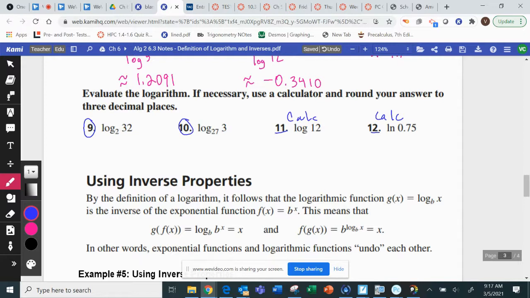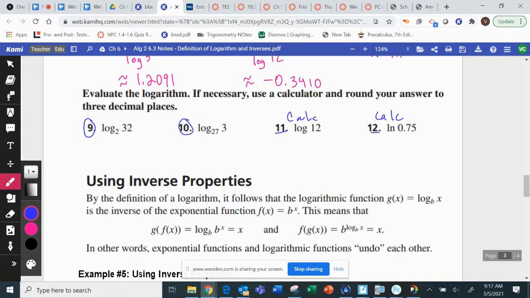So we're evaluating it. This is what we were doing earlier. You're getting the easy ones out of the way. You don't have to write that out.